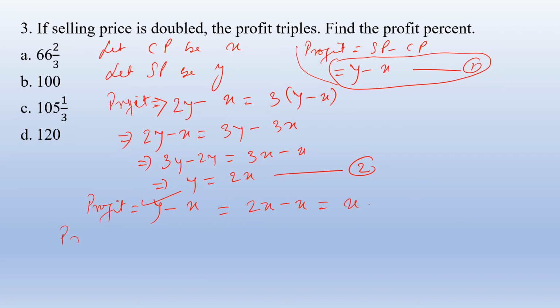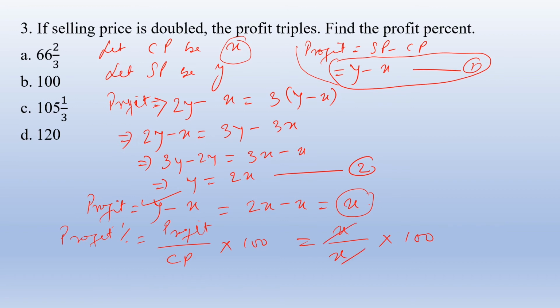So we know the profit percentage formula equals profit by cost price multiplied by 100. The profit we get here to be x, and the cost price is x. So x divided by x multiplied by 100. So x and x cancel. It's equal to 100%. So the correct option here is option B, which is 100%.